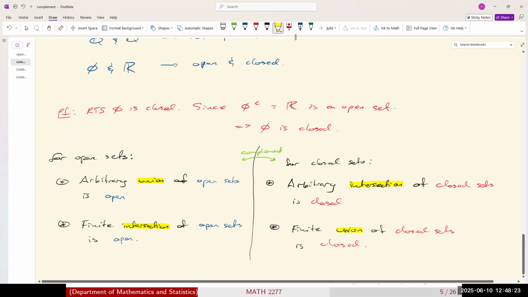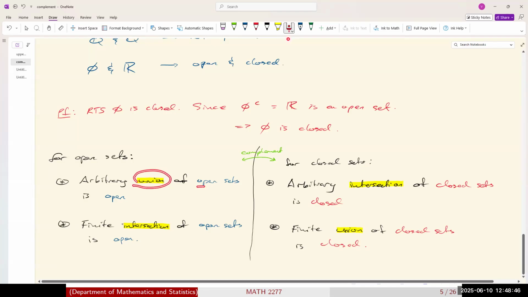So this is the relationship. You need to know this, by the way, and you need to know how to prove both sides, right? So for open sets, once you are unioning open sets, you are guaranteed to get an open set. It does not matter how much union you do. That's what arbitrary means. Countable, uncountable, finite, infinite, it doesn't matter.